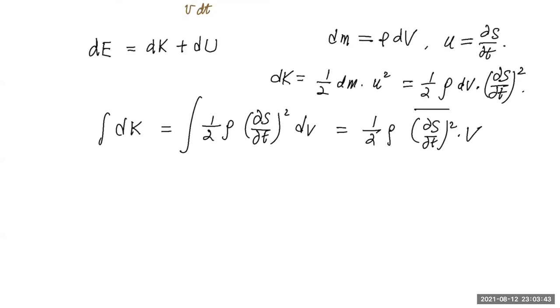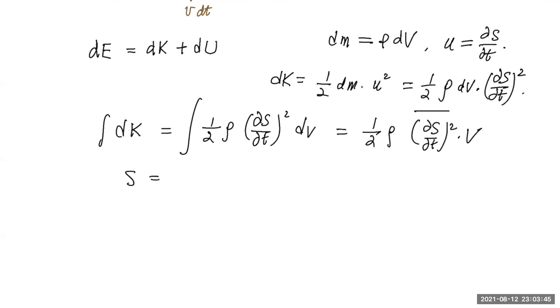s equals, as you know, s maximum times either a sine or cosine function. The textbook uses a cosine function. It doesn't matter, sine or cosine, they differ by an initial phase, that's all.